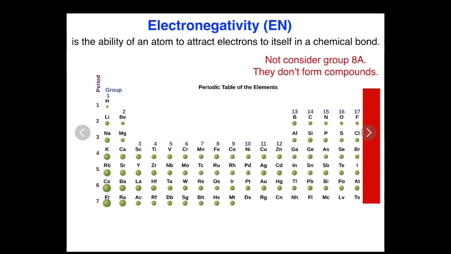When we talk about the size, one is the number of energy levels, so it's the number of shells, which is the n value, and the other one is the effective nuclear charge, which is the number of protons minus shielding electrons, from the previous slide.